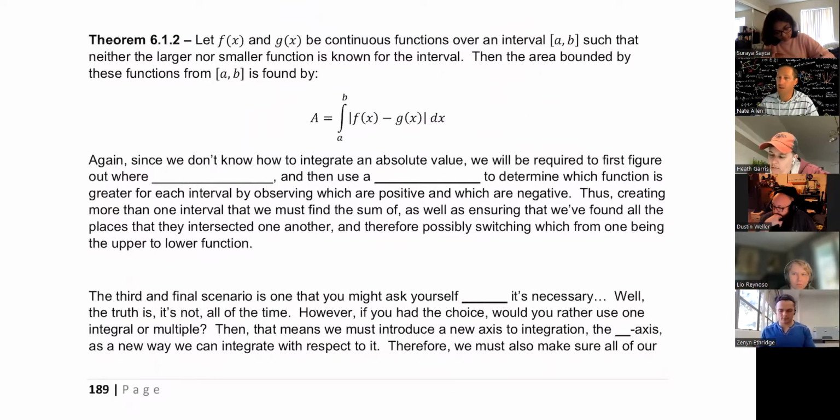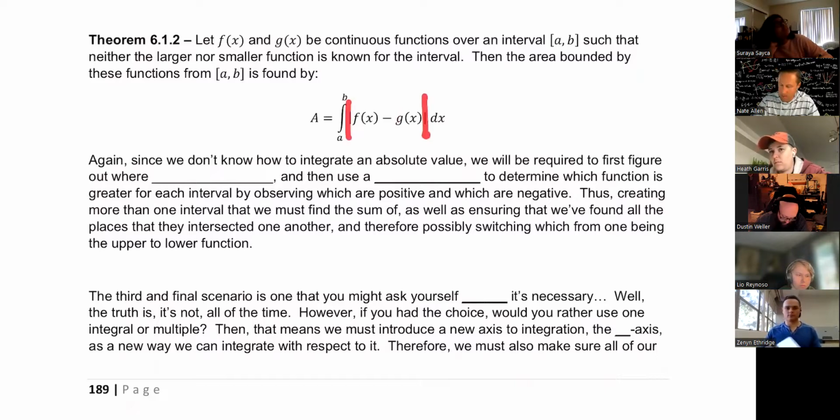So what is a way that we can do this without having to graph and thinking, okay, well, where is it and what is all that? We're going to do the absolute value of the difference. Now, how do we know which one is above and which one is below? Well, you don't have to graph them to find it. You can use the absolute value. Here's the problem.